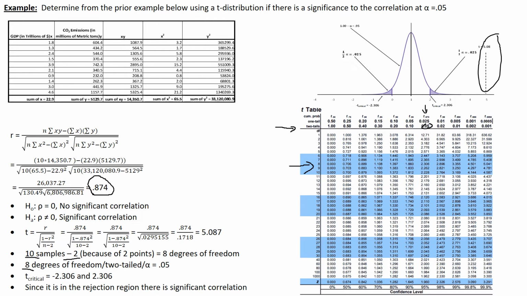Alpha 0.05 for 2 tails is going to be 2.306, as I've written it here, and negative 2.306 since it's two-tailed. And our t at 5.08 is on the outside. So I would reject the null hypothesis and say there is significant correlation there.